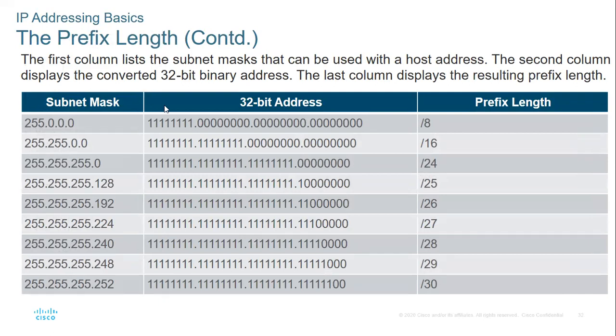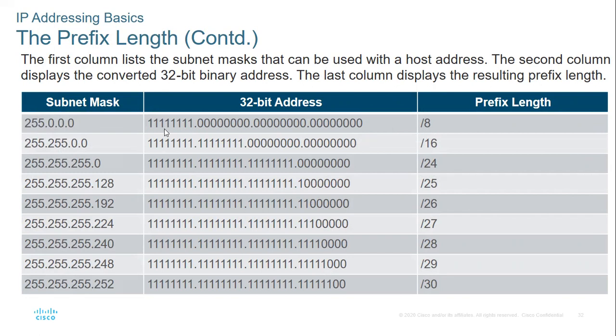All right, so from here, this is what I was telling you. This is 255. When you change it into binary, it will be like this. So this subnet mask can also be written as slash what? 8.